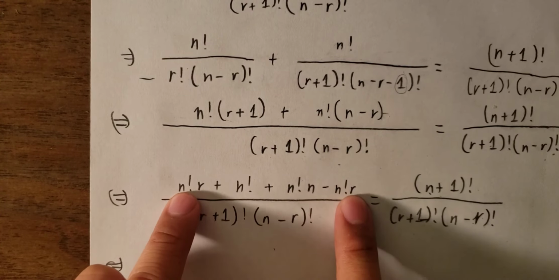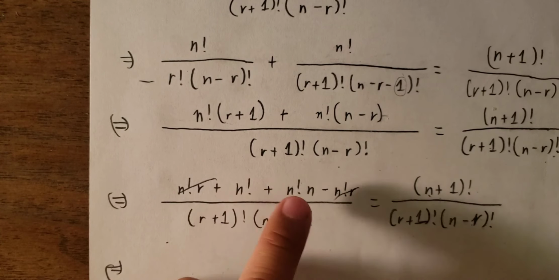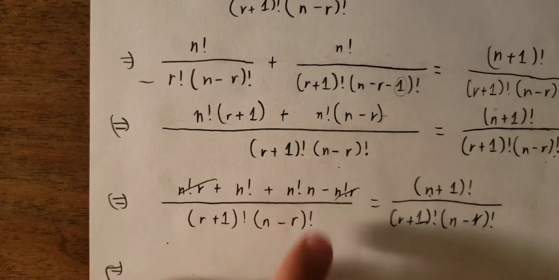So these will eliminate each other. And you get n factorial and n factorial plus the n here.